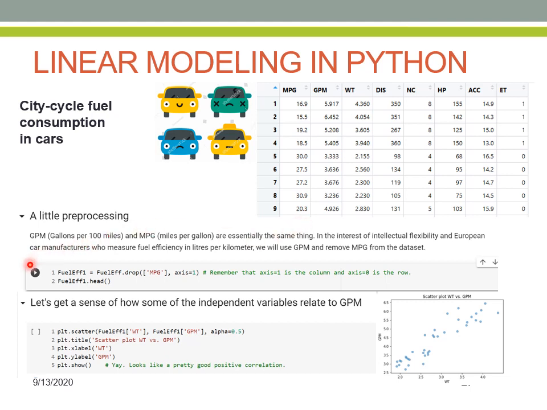This is exactly what we're doing right here. We're going to drop the MPG so that our dependent attribute for the remainder of our analysis will remain gallons per 100 miles, or GPM. Then we are using this code in order to plot the independent variables against GPM. Here shown as an example is weight.